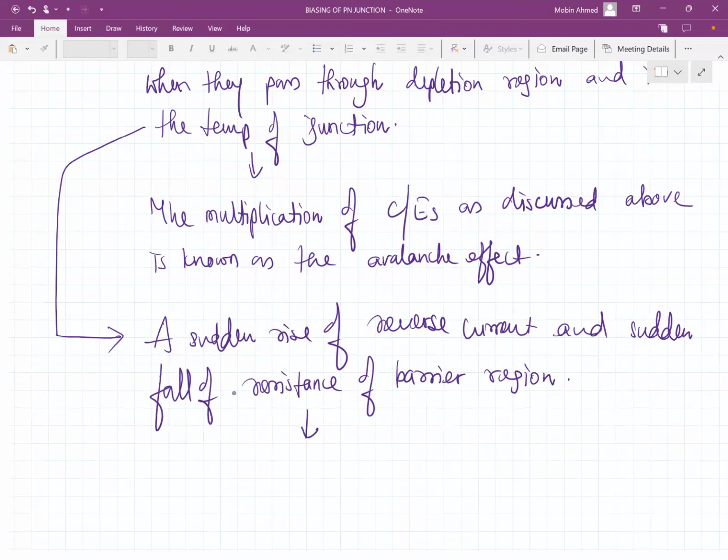Due to this, the PN junction breaks down.